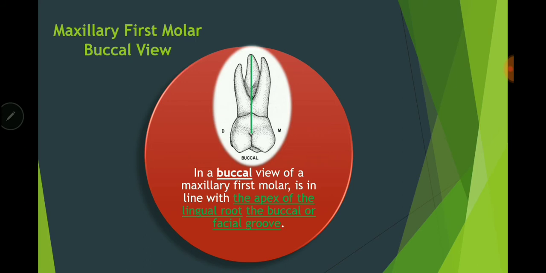Okay, so it's like symmetrical. The apex of the maxillary first molar palatal root is in line with the facial groove. Okay.